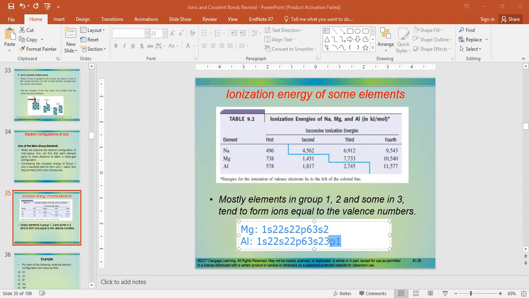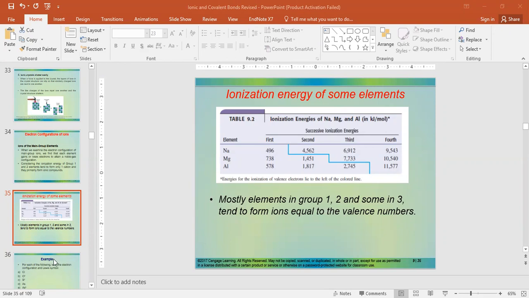A p1 electron is loosely held and shielded by the inner orbitals. And that is why it is easier to remove a p1 electron in aluminium than it is to remove an s electron in magnesium. So that brings about the difference in the ionization energies that you can see.